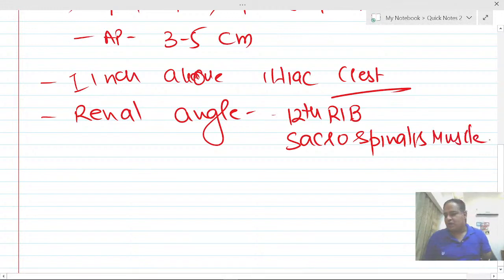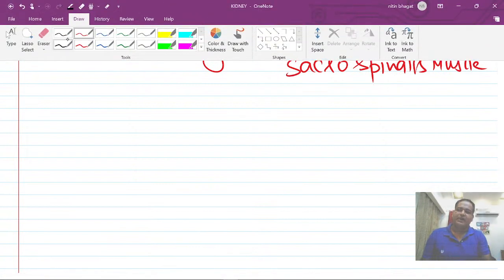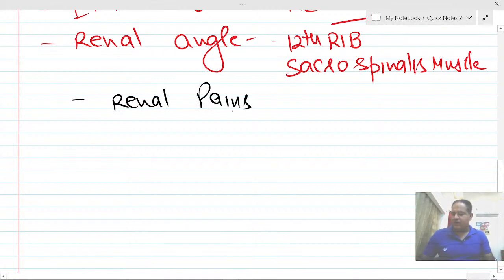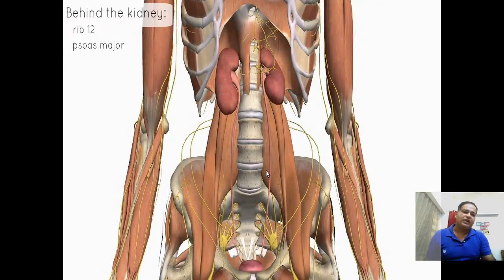This is where all the renal pains are referred. So if your patient has any kind of renal pain, it will be referred to this area.